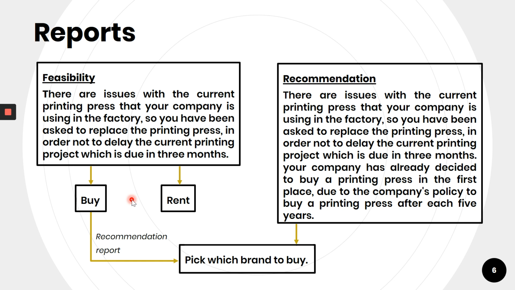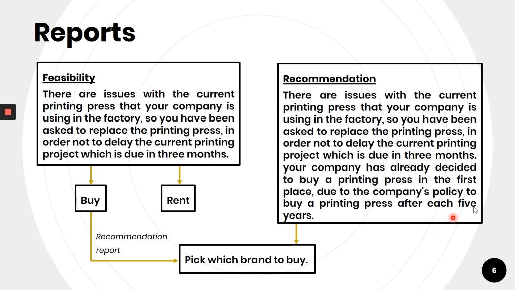Let's say from your feasibility analysis, you found out that it is better to buy a printing press for your company. This is where recommendation report comes in, in which you will proceed to pick which brand to buy for your company to use after this. So this is an example where a feasibility report precedes a recommendation report.